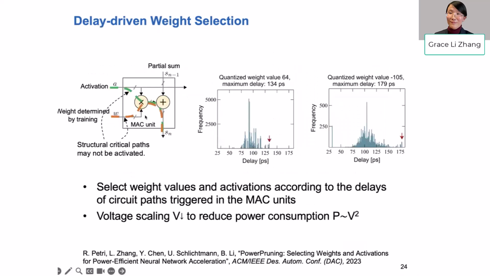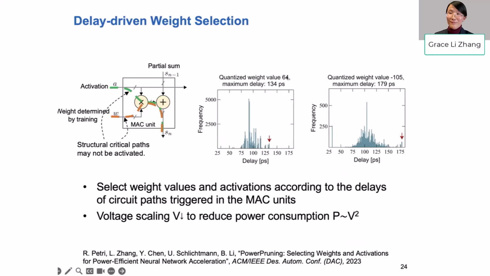We also found that different weight values have different timing performance. For example, when you load a weight into the MAC units, if you trigger different activation transitions, it will trigger different paths in the digital circuits, and those digital paths have different delays.